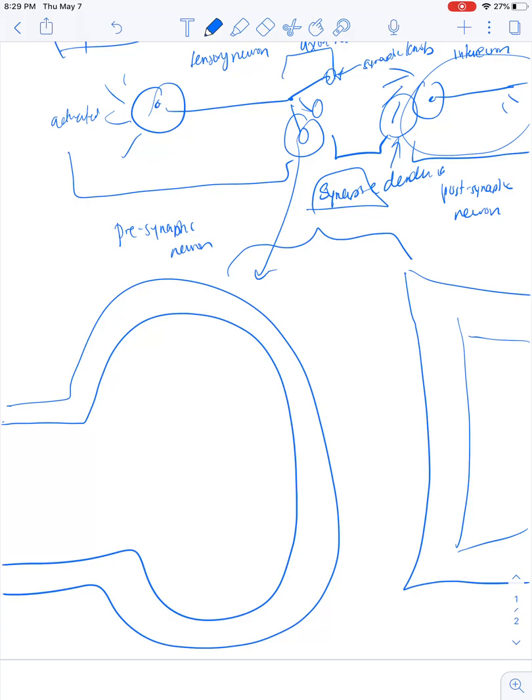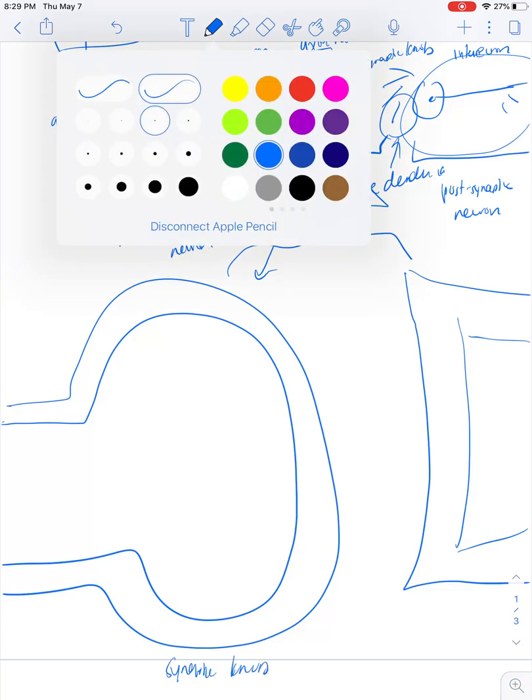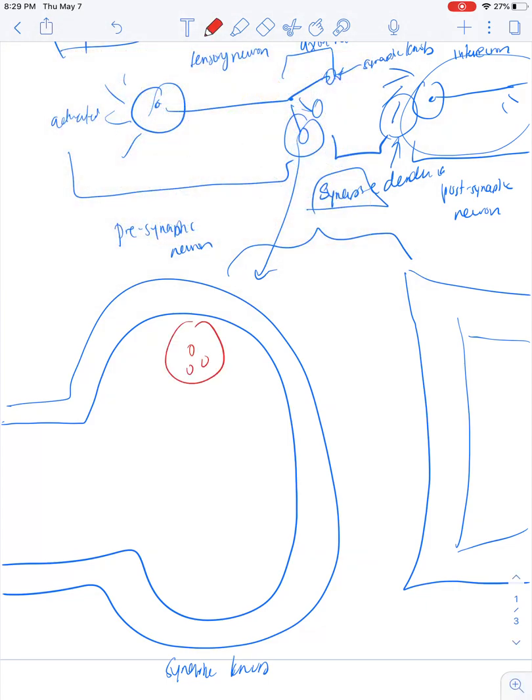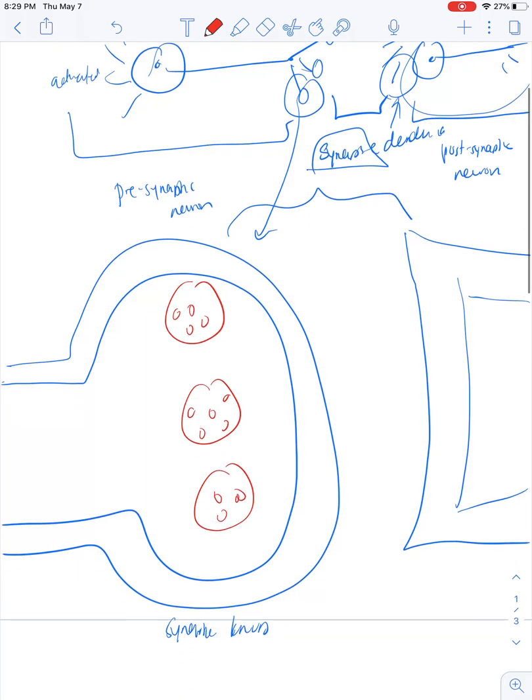So what you have in the axon terminal, in this synaptic knob, inside of this, is a structure called a neurotransmitter, okay? And this neurotransmitter is a chemical messenger. So what is a chemical messenger?